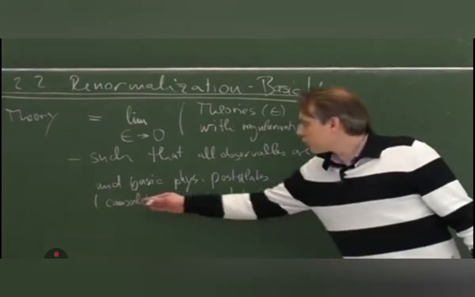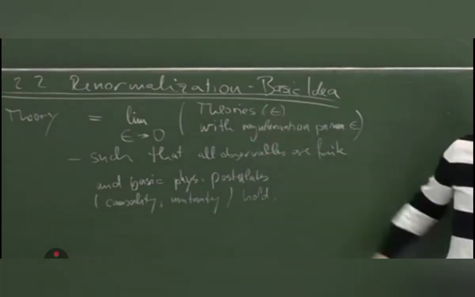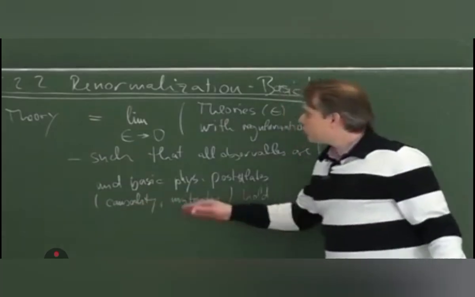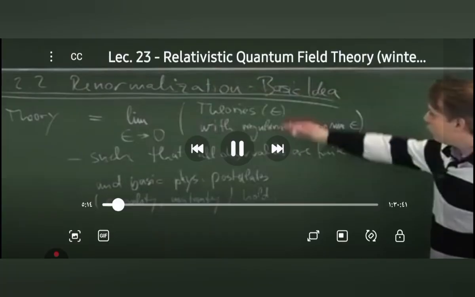Similarly, causality means that operators at space-like distances should commute, at least if they correspond to observables, because observables at space-like distances cannot influence each other. And so these are properties which must hold in the final limiting theory.